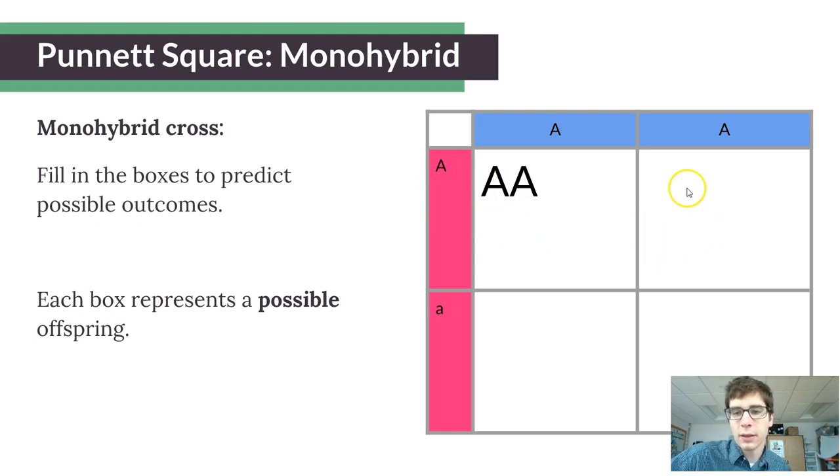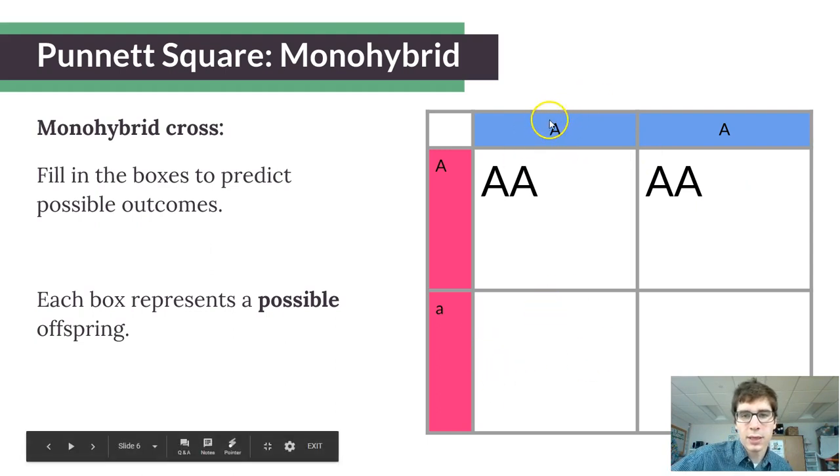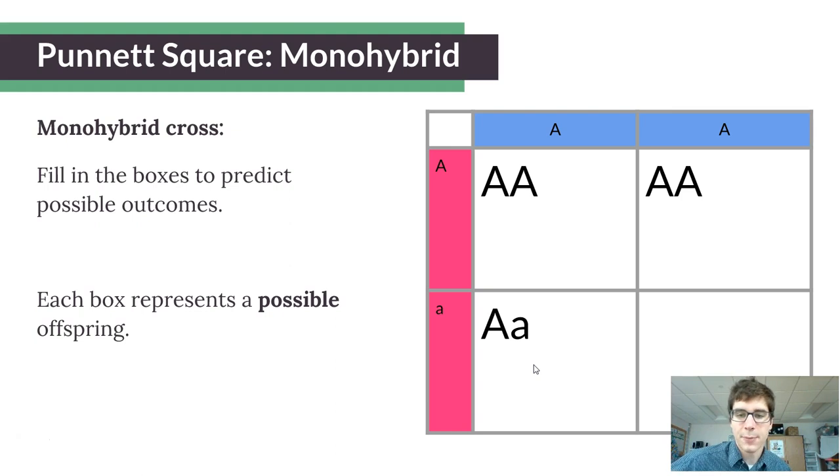Similarly, this allele will be distributed here, and this allele will be distributed into this box, giving us another genotype of homozygous dominant, or capital A. Then we have the next box, so we're going to be getting the capital A allele from dad, lowercase allele from mom, giving us a genotype of capital A, lowercase a.